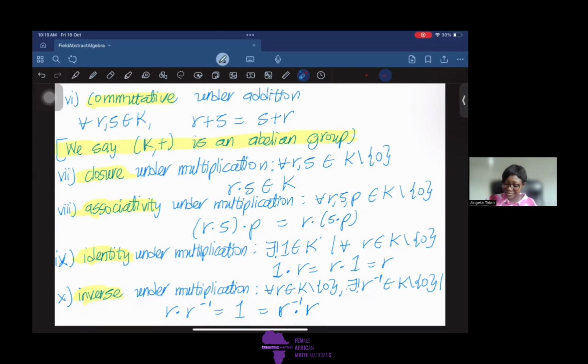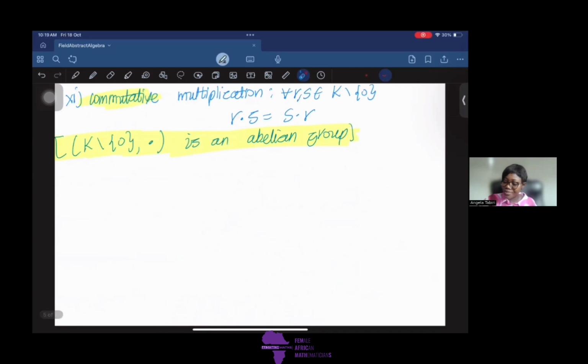And finally, you want your multiplication to be commutative, so it doesn't matter the order in which you multiply. So for all scalars, R times S is the same as S times R. So that means that your set K, if you take out your 0 element, under the multiplication is an abelian group. So a field, in summary, has 2 properties, right?